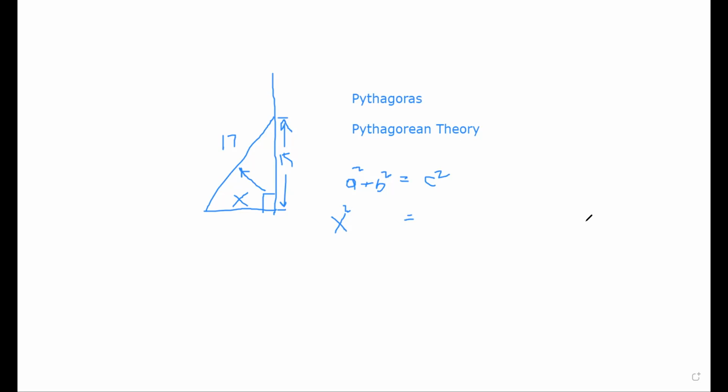The hypotenuse is always C. It's always opposite the right angle. So you can count on that. You know that as a fact. So I can use 17 here instead of C, which leaves my middle side as B.